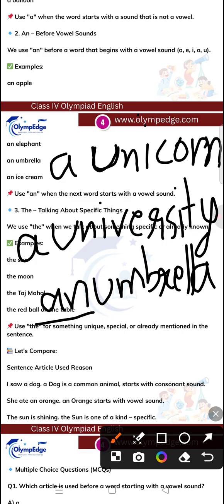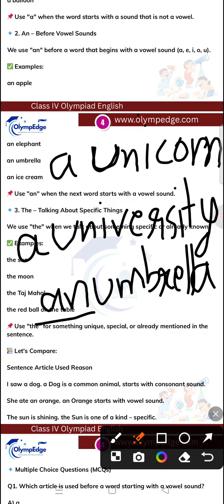So please remember this, students. Whenever a word is starting with the letter U and the pronunciation is also starting with U, then we don't write an before it. We write a before it. For example, unicorn starts with the letter U and also starts with the pronunciation U. Then in university, the word starts with the letter U and it also starts with the pronunciation U, so we write a university.